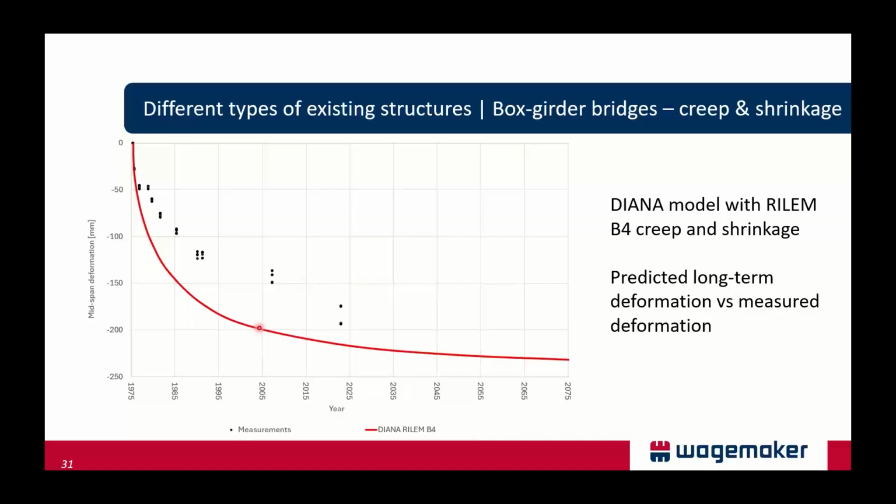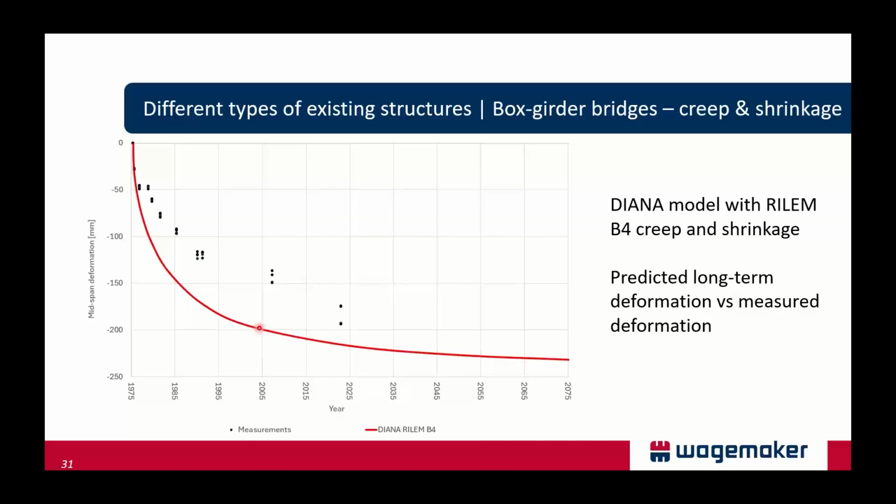Well, you need to validate, of course, somehow. And luckily, we had deformation measurements of the bridge available. And they have been recorded regularly since 1975, after the bridge was closed, until 2 years ago. And they are still ongoing, I assume.